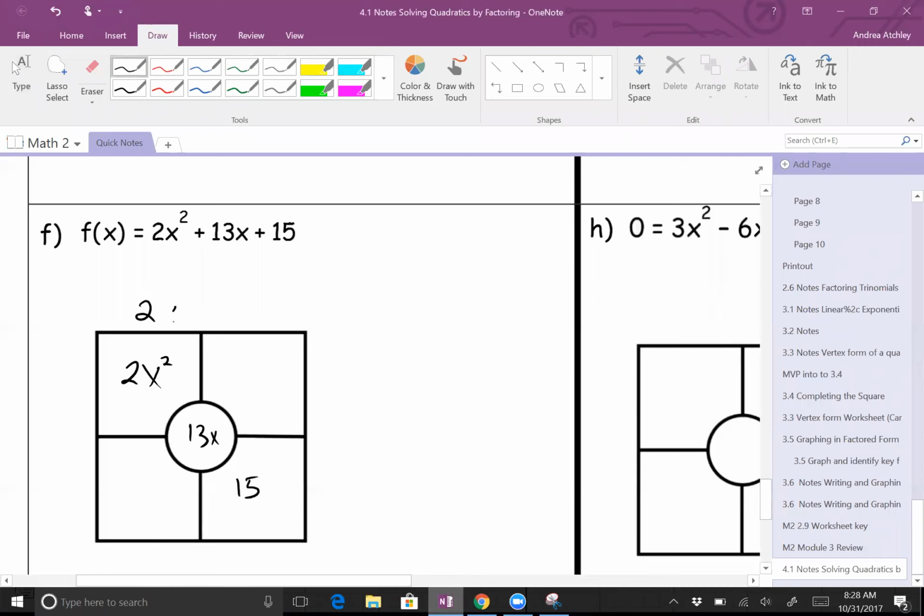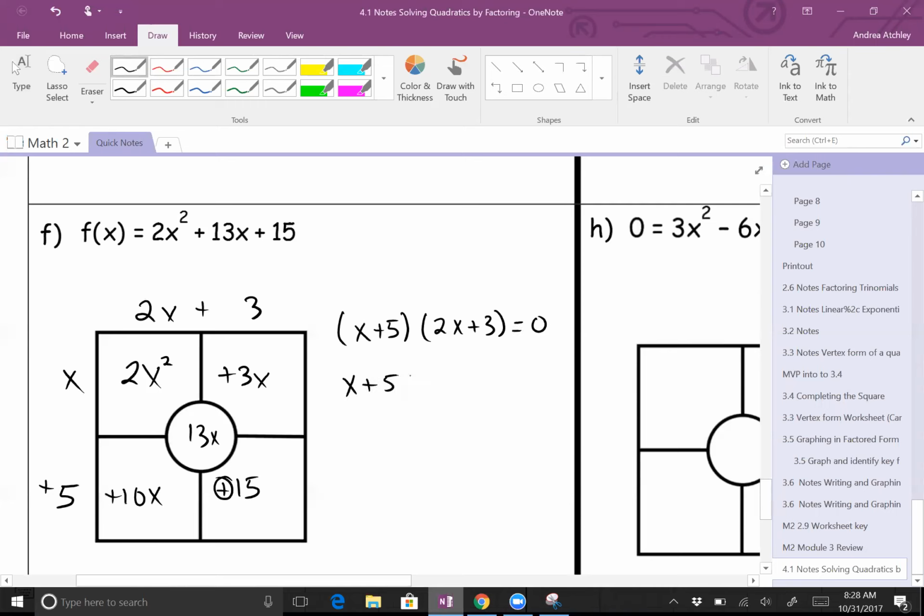We have 2x and 3 and x and 5. This is 3x, this is 10x. Everything's positive, so we're adding everything. So our factors are x plus 5, and then 2x plus 3 equaling 0. So we have x plus 5 equals 0, and then 2x plus 3 equaling 0.